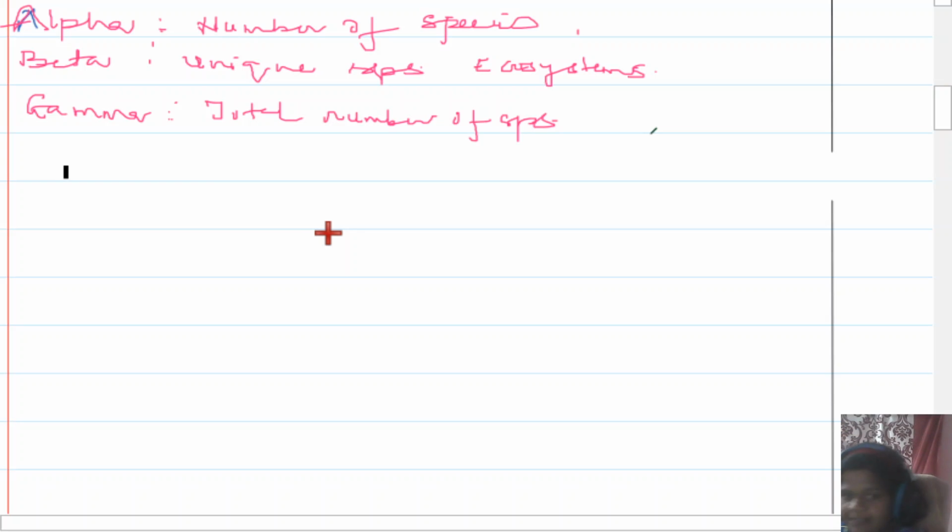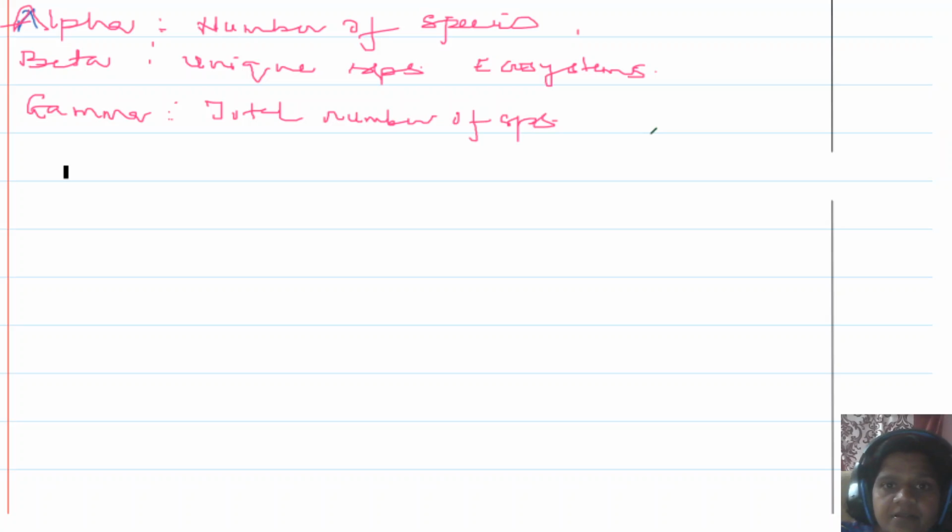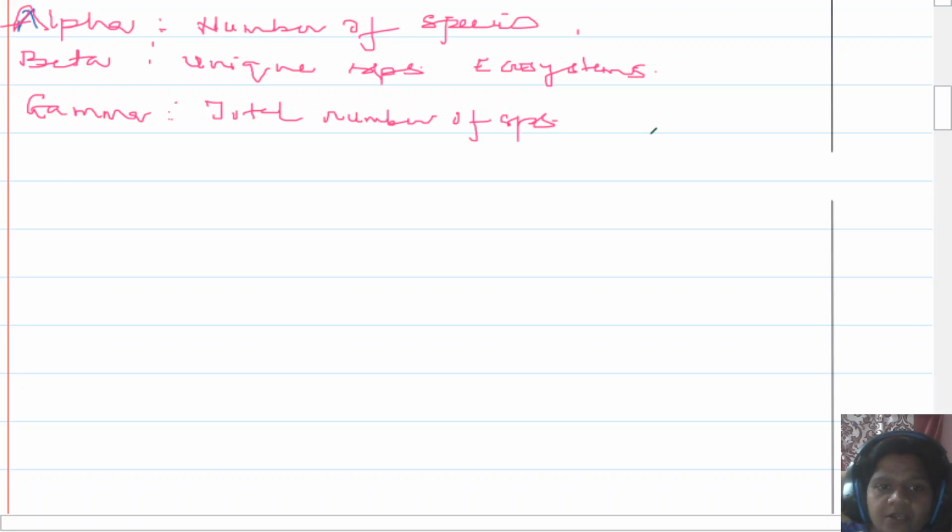Now, what are the attributes of this diversity? These differences are more pronounced when you look at the latitudes.